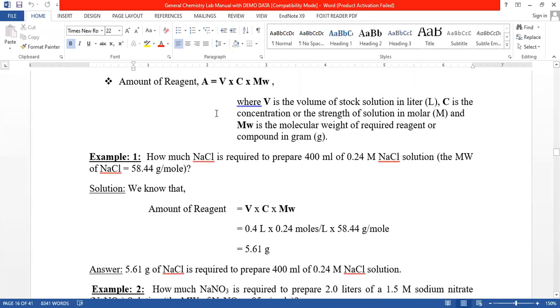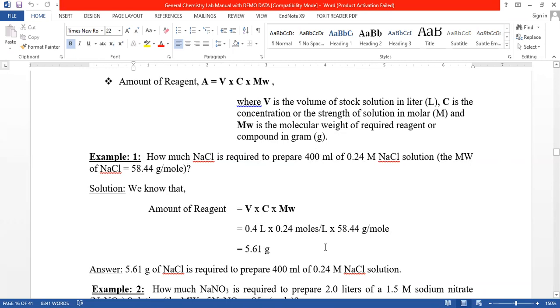As the definition of concentration was given in liter, we need to convert the volume into liter. 400 milliliter would be converted into liter like 0.4, and concentration is already given in molar, so it doesn't need to be changed. And molecular weight is 58.44. If you put the values, then you will get 5.61 gram.